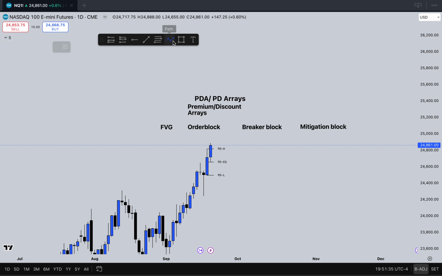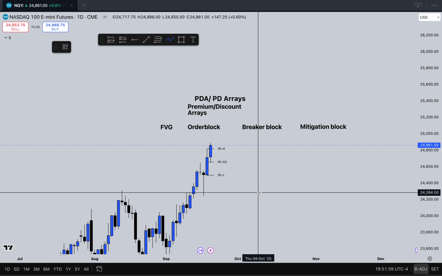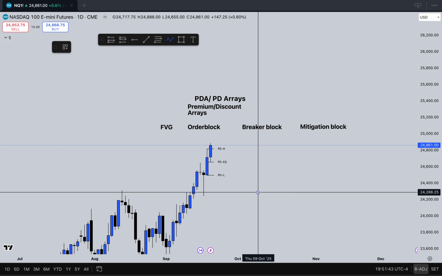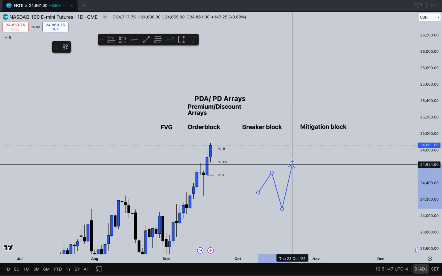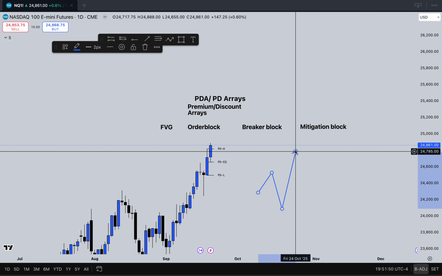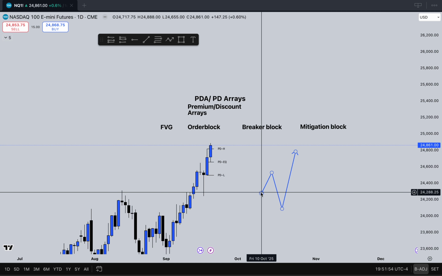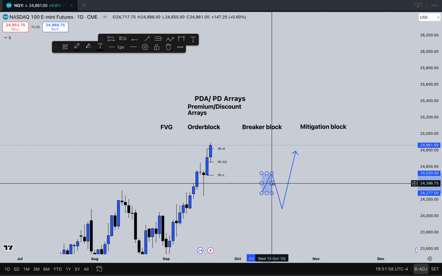So breaker blocks, the pattern that a breaker forms is a 4-point pattern. You have point A, point B, point C, and point D. And the breaker block forms from point A to point B. This is your breaker here.